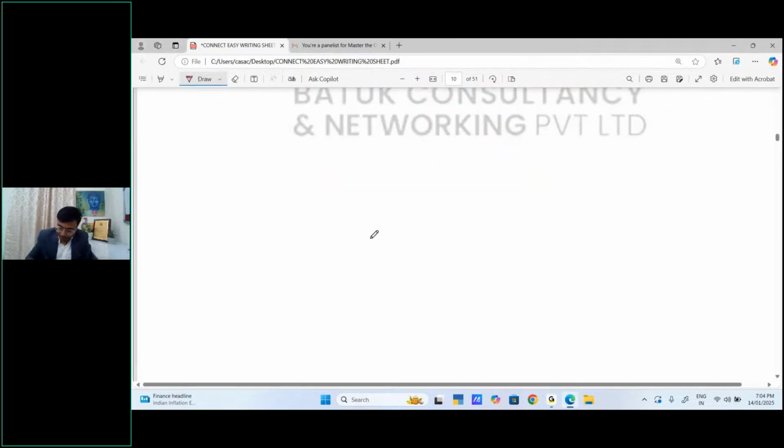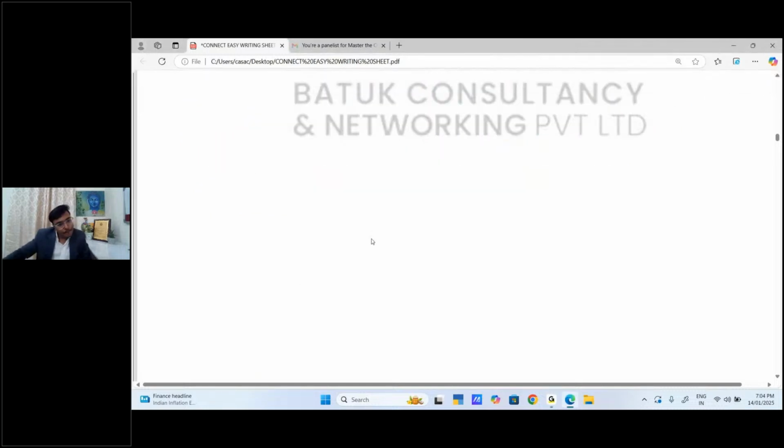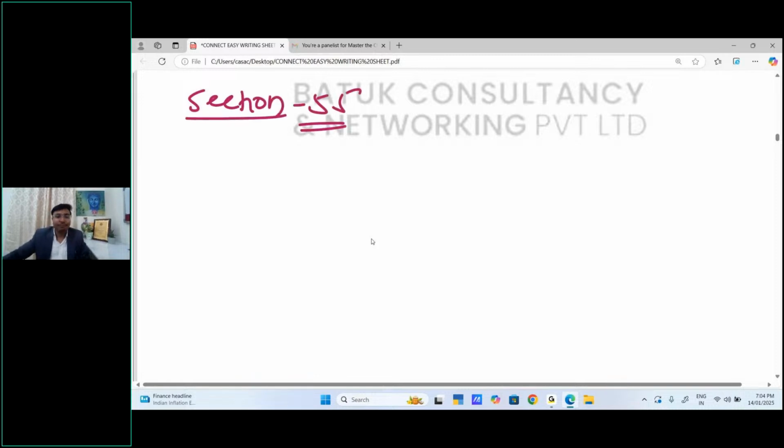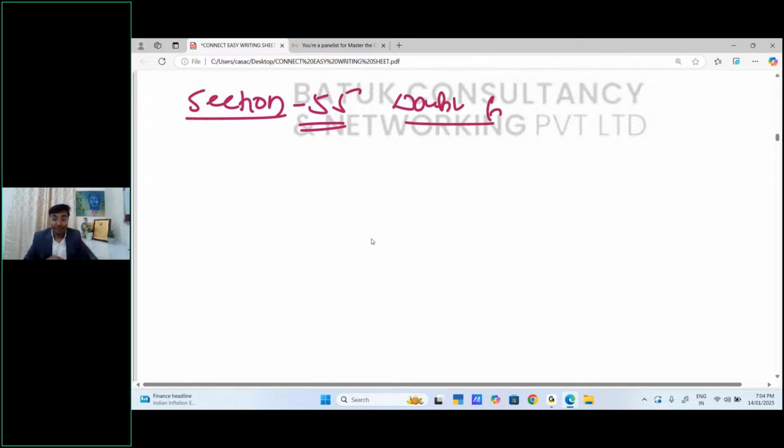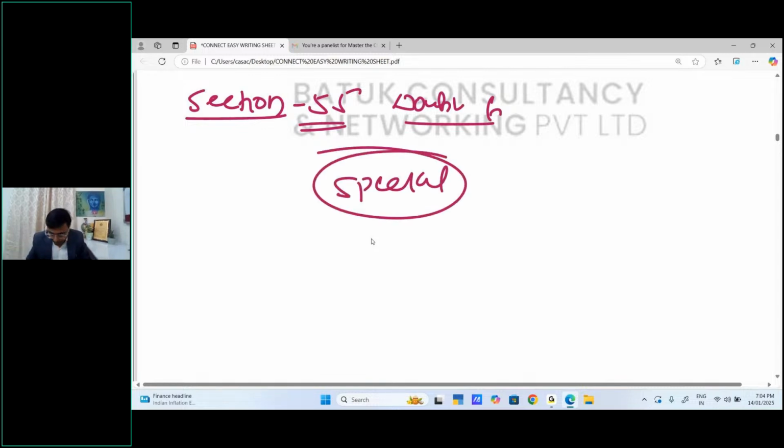Section 55, double five. Section 55, double five means something special. Refund in case of specialized agencies and unilateral financial organization.